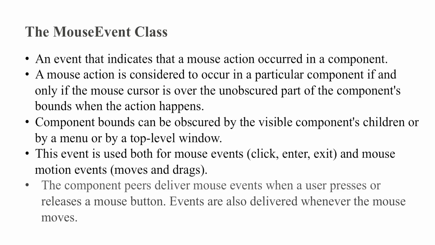So if some part of the component is obscured, it won't work. The obscured part of the component may be covered by visible component children, by a menu or top level window. This event is used for both mouse events like click, enter, exit, and motion events like moves and drags.